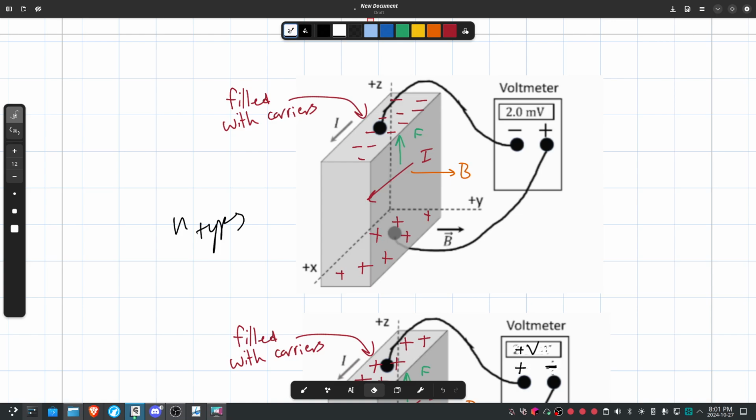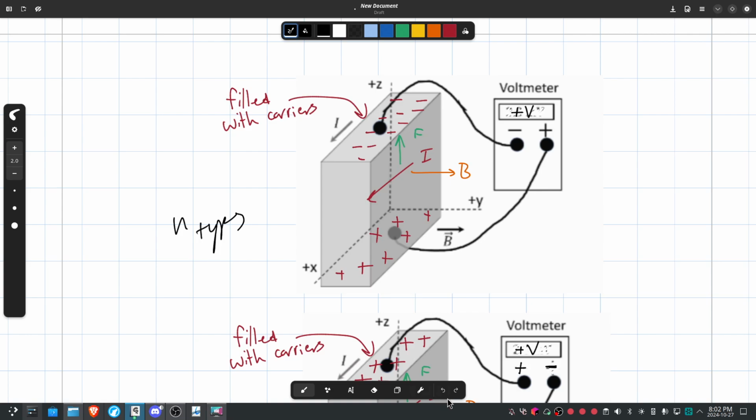Now let's look at the voltmeter here. Will our voltmeter give a positive reading or a negative reading? In this case, it will give a positive reading because the negative terminal is measuring a negative charge and the positive terminal is measuring a positive charge. So they're in agreement. You're going to get a positive voltage.